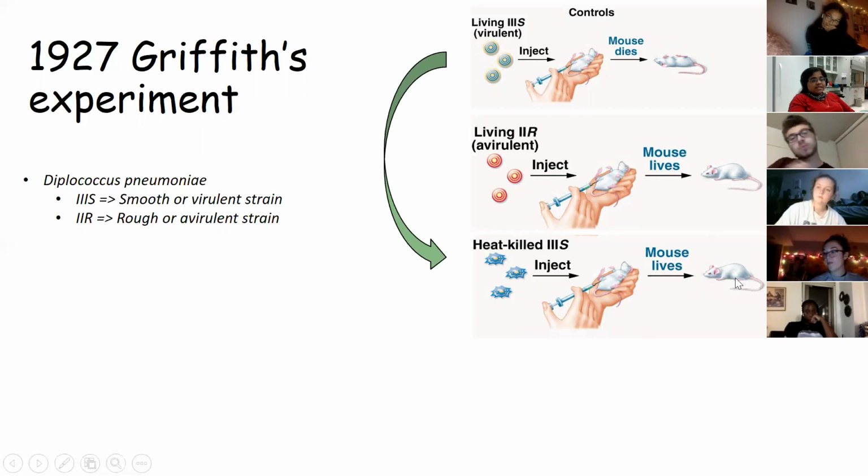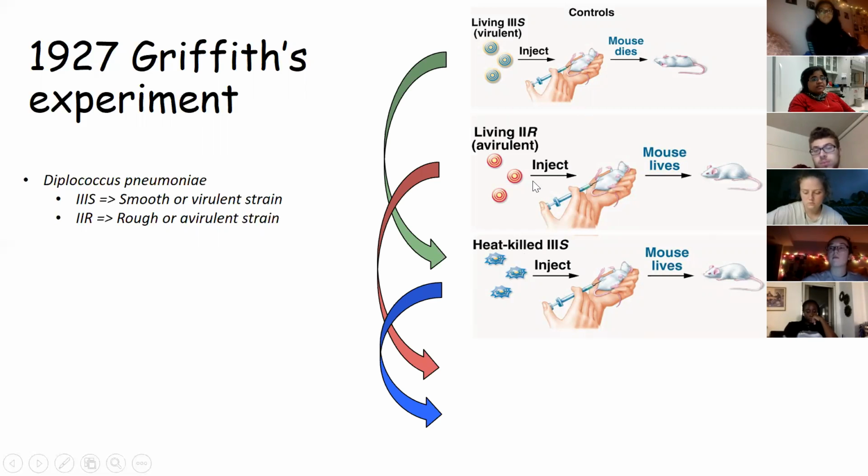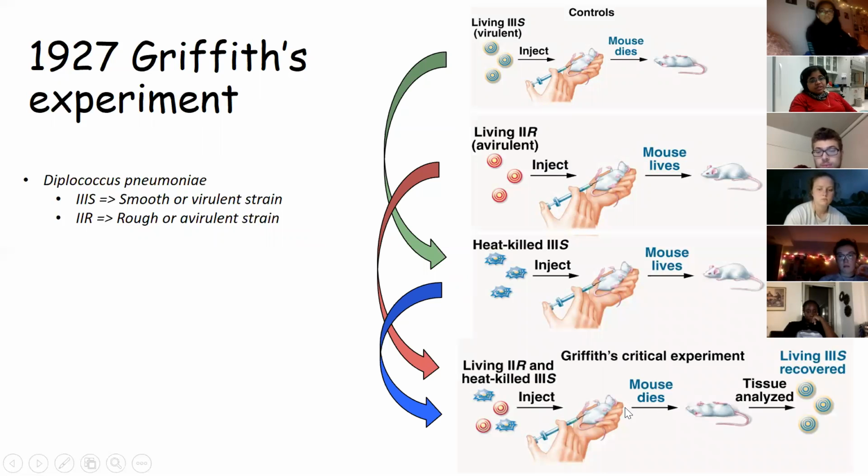So the next thing he decided to do was put the heat-killed S strain and the avirulent R strain together and inject it into the mouse. Griffith thought that the mouse was going to live, but as a result of this injection, the mouse actually died.